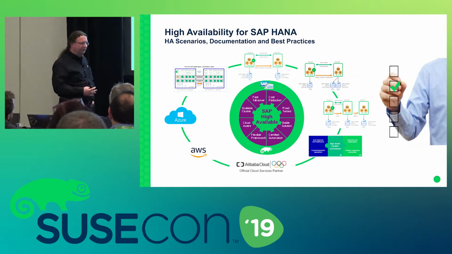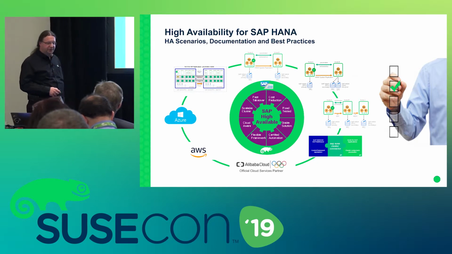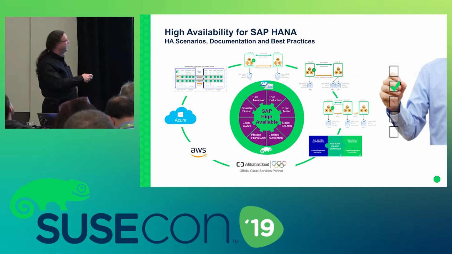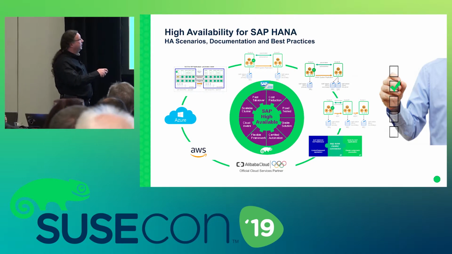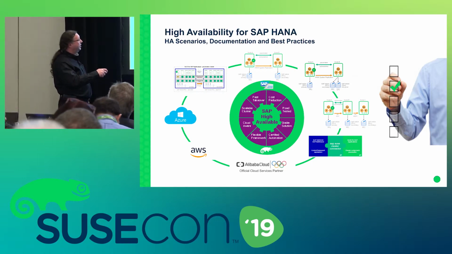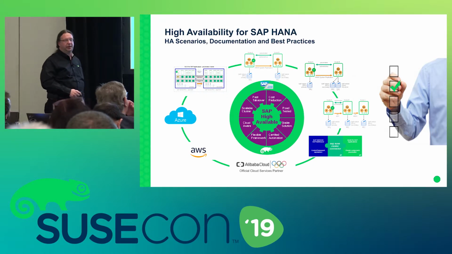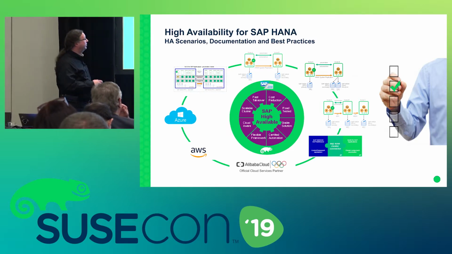So from a HANA perspective, we support multiple high availability scenarios. It starts with the very simple scenario of 2 HANA servers, which could be multi-tenant. One is the master node, one is the passive node, and in case of failure of node A, Pacemaker monitors it and fences the node, which is very important to ensure consistency of your data so that there are no additional transactions being written over to the system.